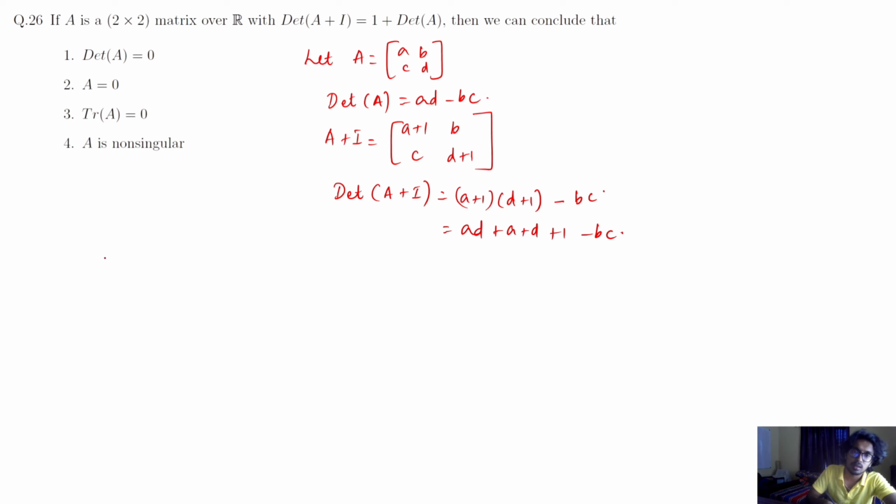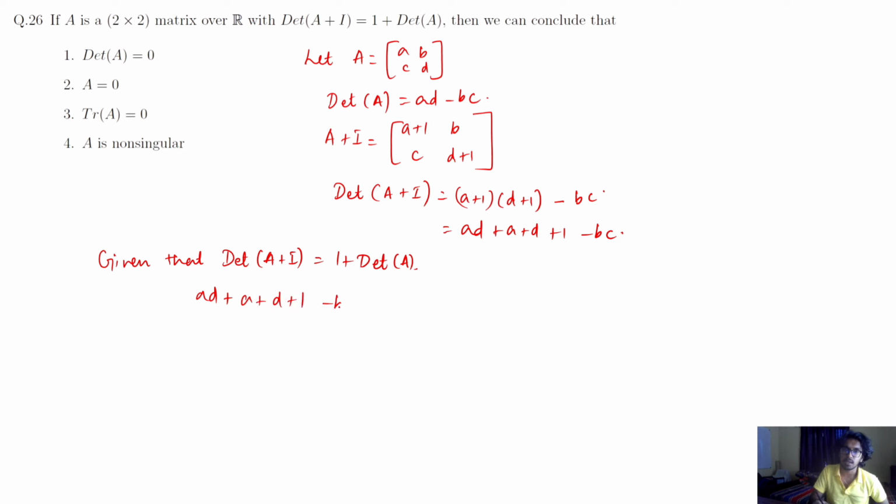Now, given that the determinant of A plus I is the same as 1 plus the determinant of A, this quantity ad plus a plus d plus 1 minus bc is the same as 1 plus ad minus bc.